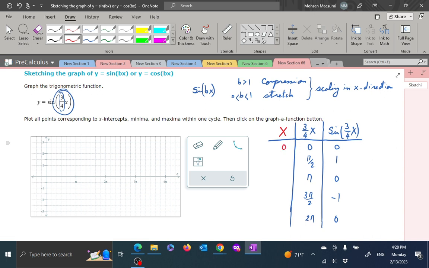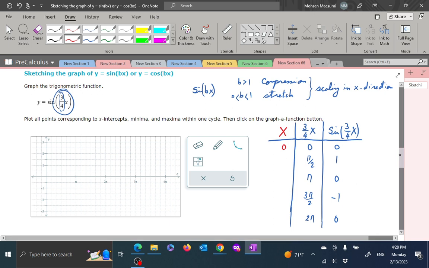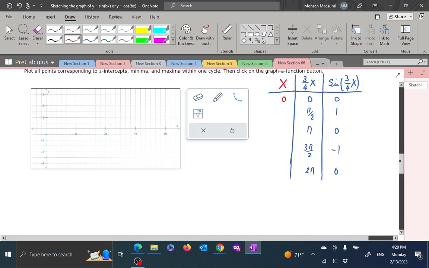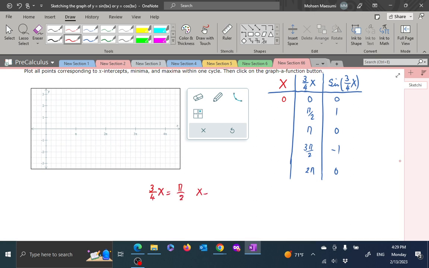If 3/4 of x is pi over 2, what is x? Well, you multiply by 4/3, is that right? Times pi over 2. You carry 3/4 to the other side, it becomes 4/3. You simplify this thing, it becomes 2 pi over 3. So this is at 2 pi over 3.